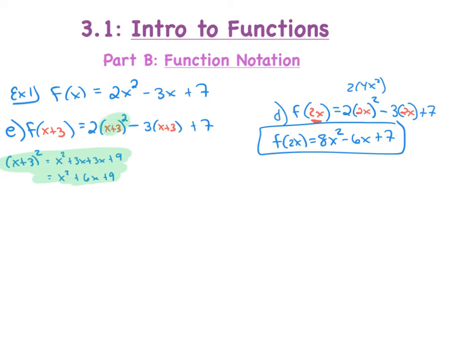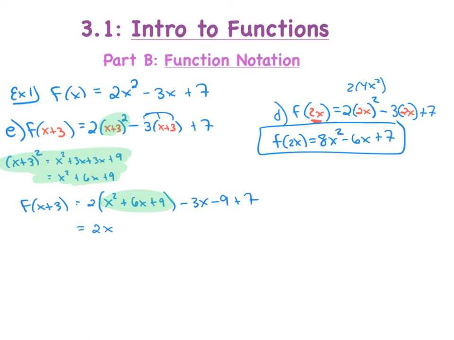So multiplying that by 2, I have f of x plus 3 is 2 times x squared plus 6x plus 9, which came from that. And then distributing the negative 3 through, negative 3x minus 9 plus 7.